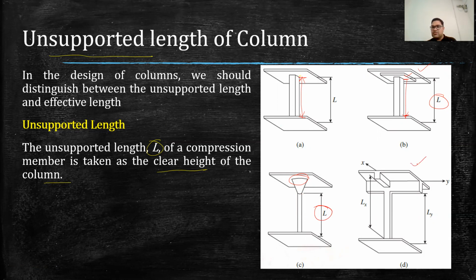And in this case, which is a very common case, if column is connected with two beams of different depth, then the unsupported length along the x-axis and along the y-axis will be different. As you can see, this length will be Ly and this length will be Lx. So Lx will be higher than Ly. So this is how the unsupported length is being calculated.